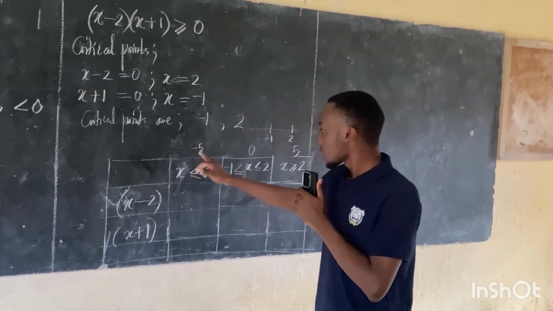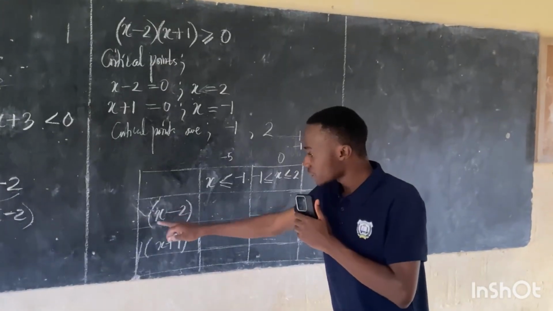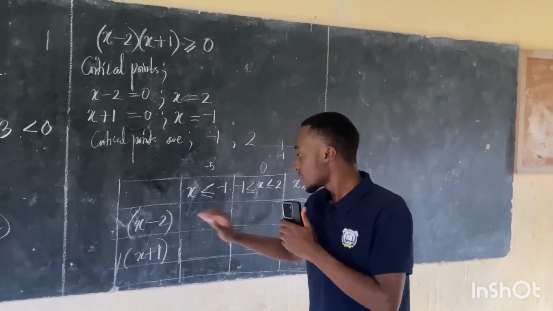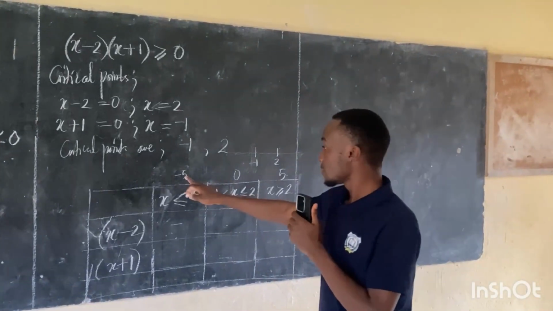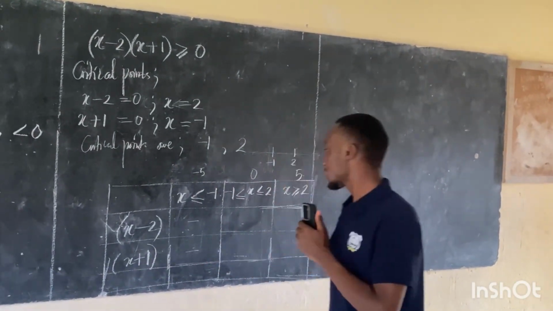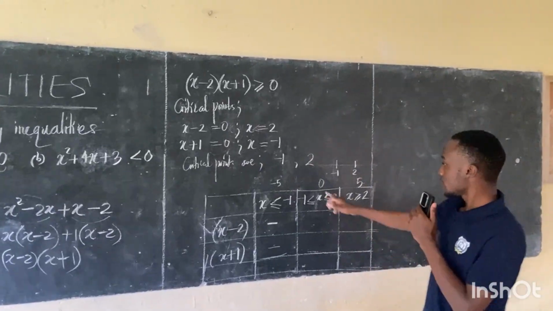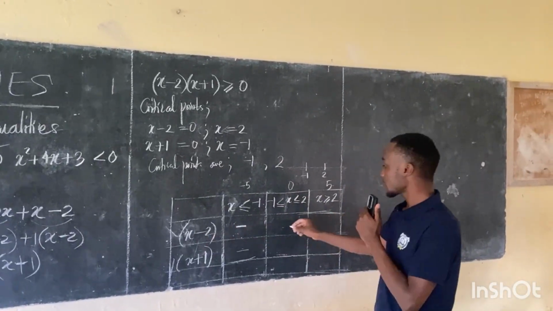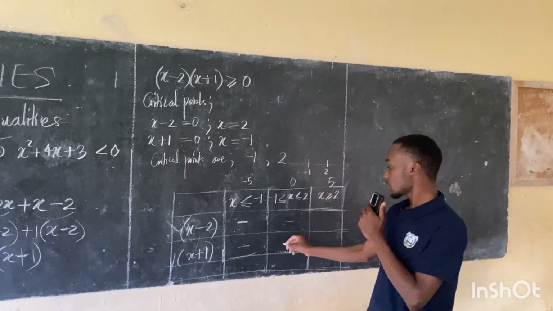So when in this region I consider negative 5, and the negative 5 is placed into this bracket as x, I will get a negative quantity. The same region, negative 5 placed here, I will get a negative quantity. Now I go to 0 and do the same thing. For 0 in this bracket, we shall get a negative. The 0 in this bracket, we shall get a positive.